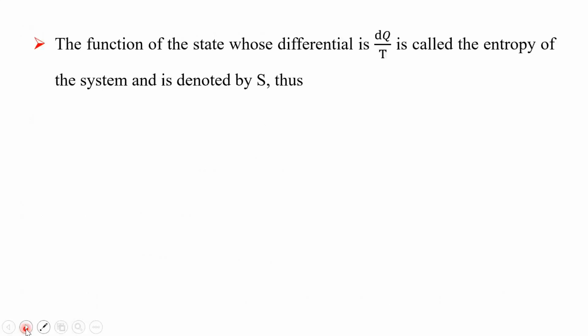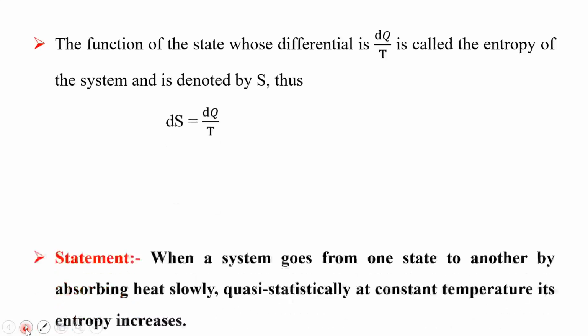The function of state whose differential is dQ/T is called the entropy of the system and is denoted by S. Thus dS = dQ/T.